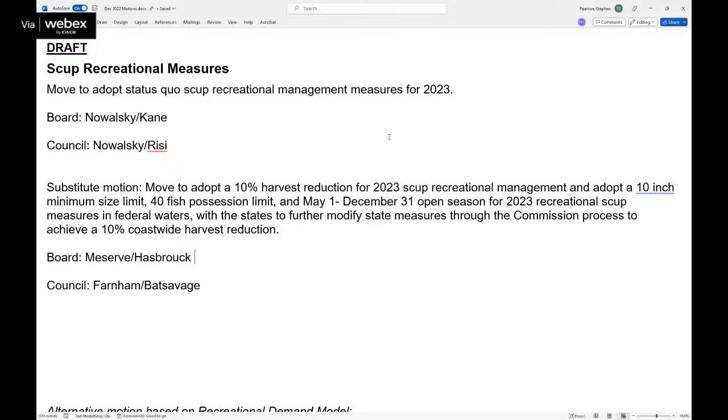So the substitute motion is: move to adopt a 10% harvest reduction for 2023 Scup recreational management and adopt a 10-inch minimum size limit, 40 fish possession limit, and May 1 through December 31 open season for the 2023 recreational Scup measures in federal waters, with the states to fully modify state measures through the commission process to achieve a 10% coastwide harvest reduction.